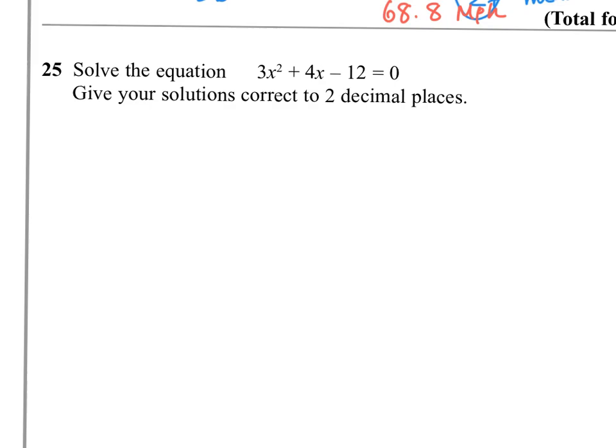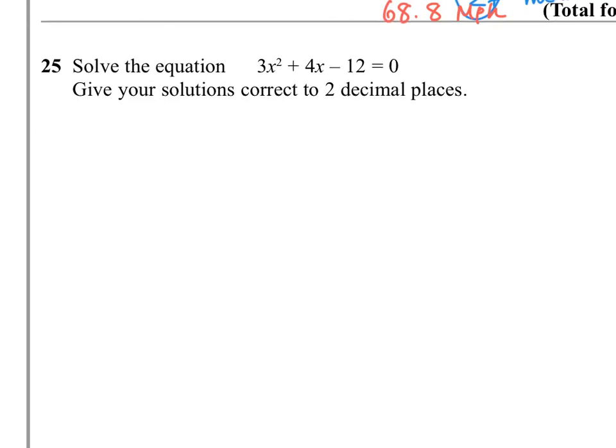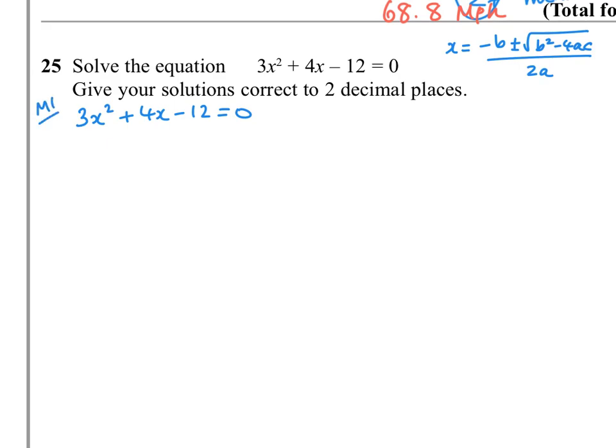With this question I shall start with the most popular way, and that is using the formula, which is found on the formula sheet at the front of the paper. So if we write out the initial equation, so this is method 1, and we then have A is 3, B is 4, and C is -12.